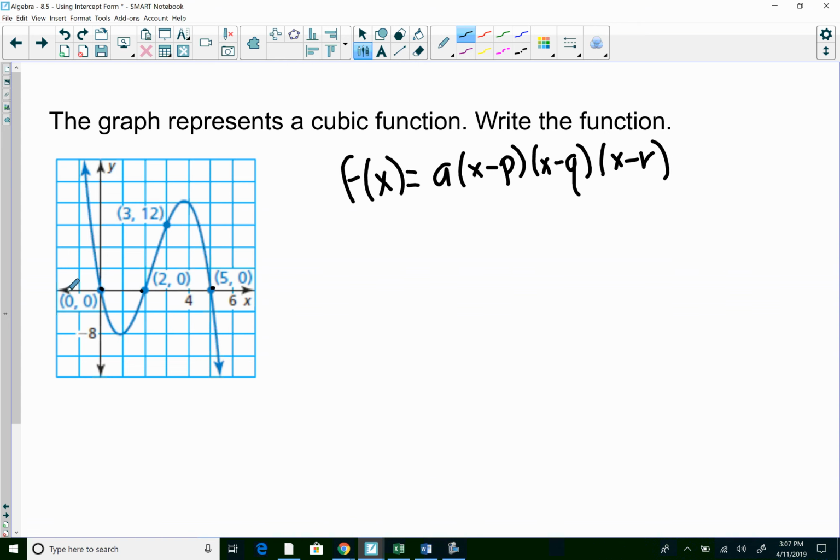Let's begin by plugging P, Q, and R in. So I'm going to have P be 0, I'm going to have Q be 2, and R be 5. So maybe I'll just make a note of that really quick. P is going to be 0, Q is going to be 2, and R is going to be 5. So let's just do our substitution really quick.